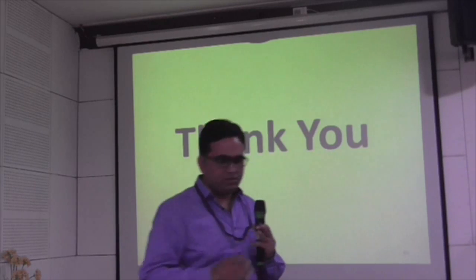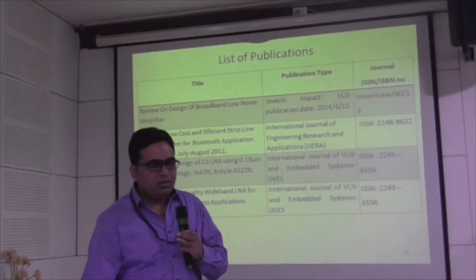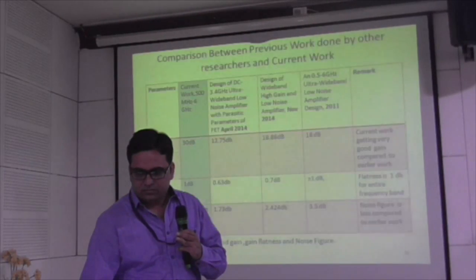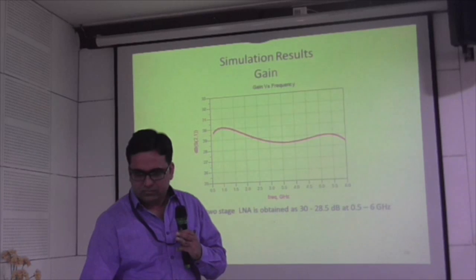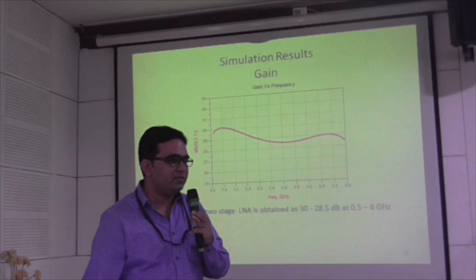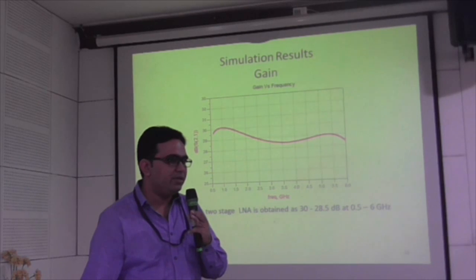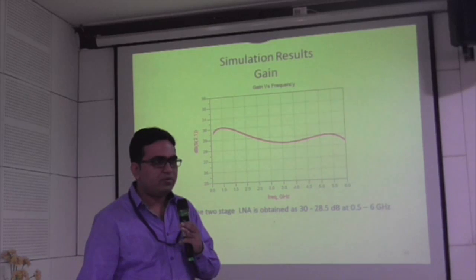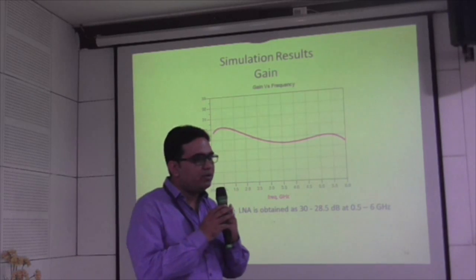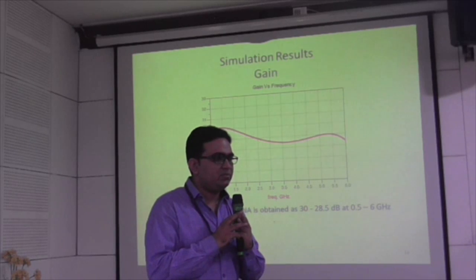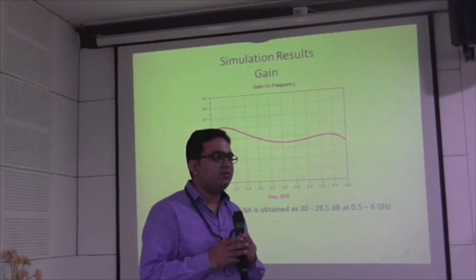Gain versus frequency: the 30 dB of gain is not changing more than 1 dB, 1.5 dB at most, over the whole range up to 6 GHz. So I can use it for all the applications. That is the difference from the others.